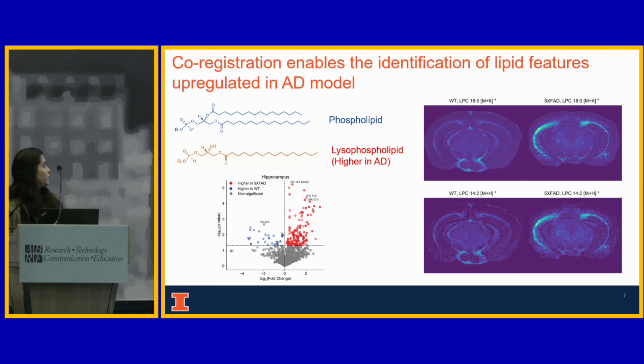Additionally, using this co-registration, we can look at molecular changes that occur in Alzheimer's disease. For example, in a wild-type brain, what you see are these phospholipids. However, in the Alzheimer's disease model, you see a cleaved version of this phospholipid as lysophospholipid, and these are very abundant and one of the features that we have been able to identify in Alzheimer's disease using this co-registration model.